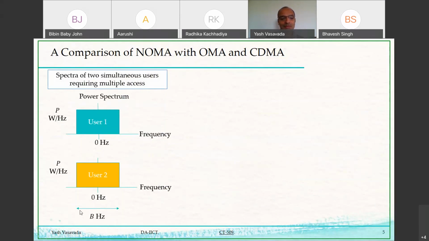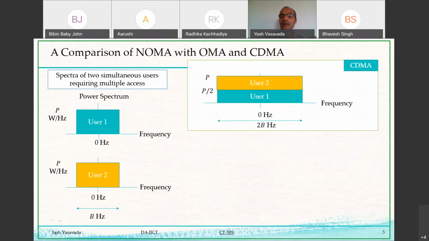So both the users, we will assume that they occupy a bandwidth of B hertz, and their power spectral densities look like this. Let's say they both have the power of P watts for every hertz of the bandwidth. So this is how the individual users' signals look like.